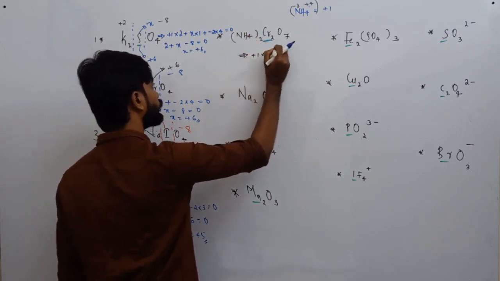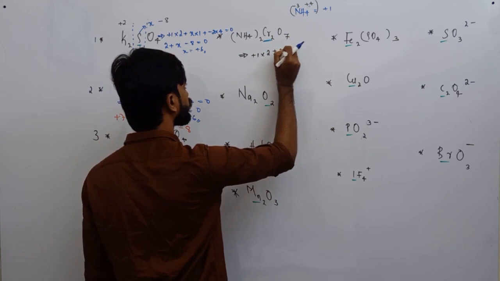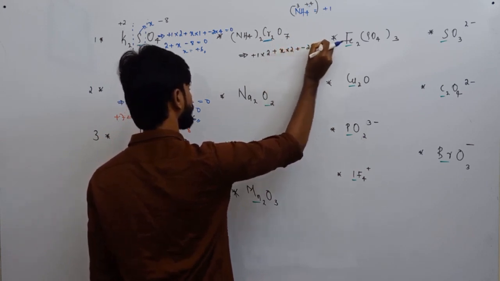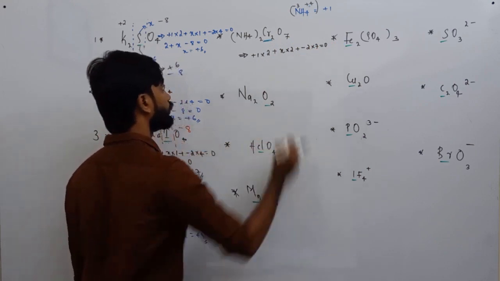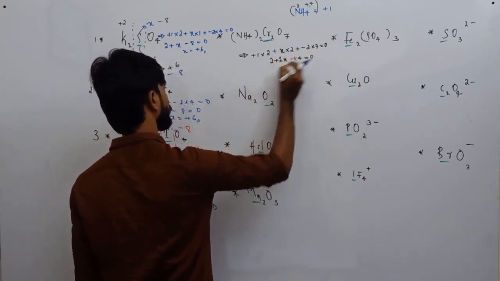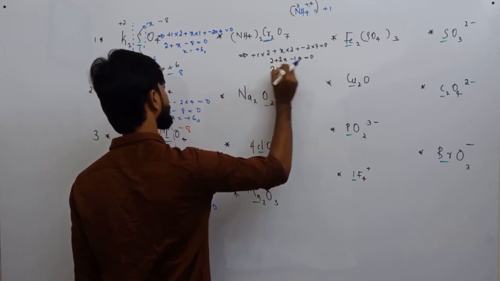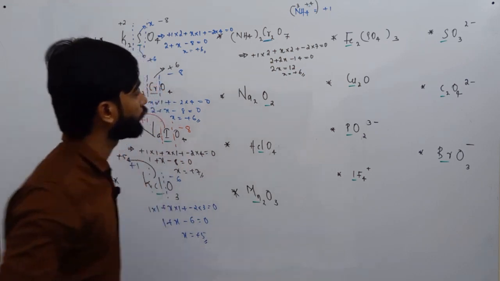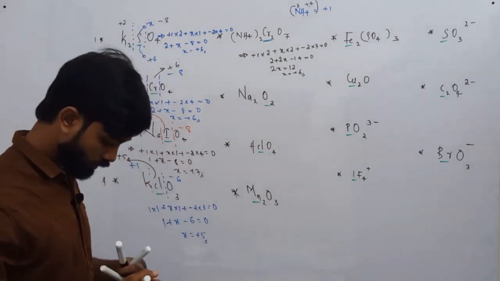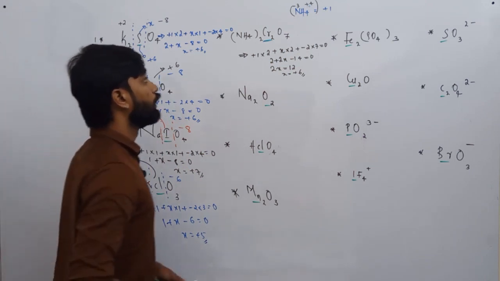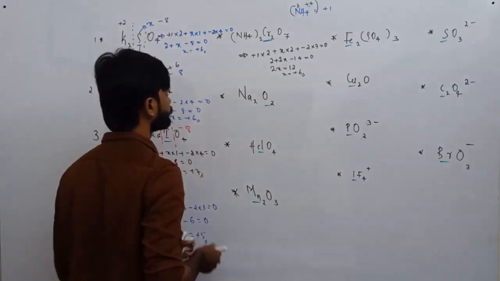So +1 into 2 plus the next chromium X into 2 plus -2 into 7, which is equal to 0. Fine. So 2 plus 2x minus 14 equal to 0. So 2x is equal to 12, x is equal to plus 6. Ready? Or it can be found by splitting.